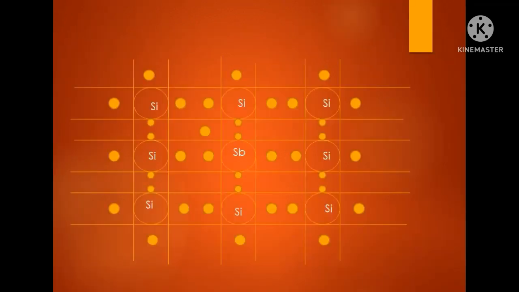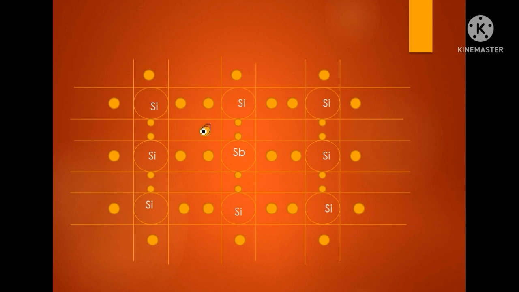You can see that this is an N-type semiconducting crystal. In this N-type semiconductor, in the central atom the N-type impurity is present, that is antimony, and it is making 4 bonds with the 4 neighboring silicon atoms. But as it is a pentavalent atom, one extra electron is also there, which is unoccupied.